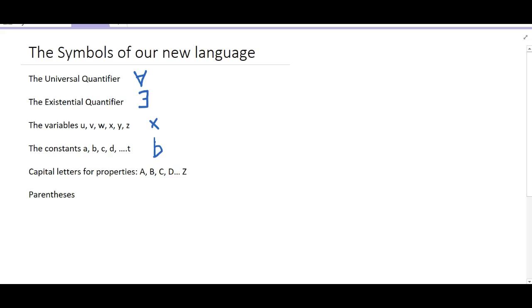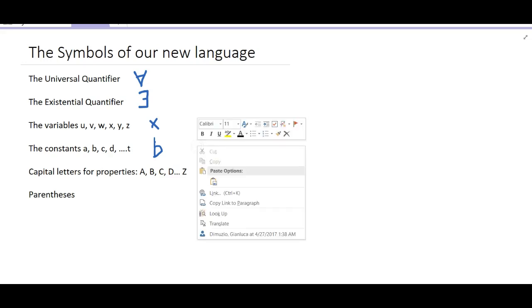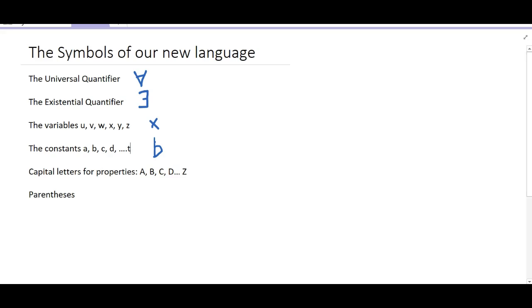If you wanted to refer to Scarlett Johansson, the actress, you could just use a lowercase s, or whatever letter you want to choose to represent her. So variables, again, do not stand for any individual in particular. They just range over individuals. So something like X means some unspecified thing.